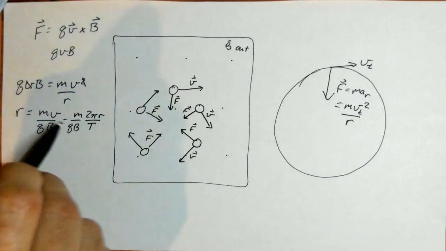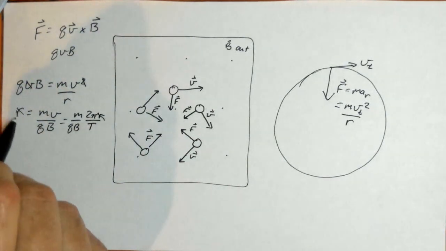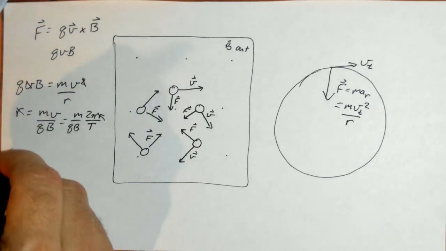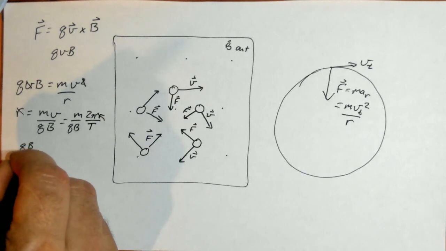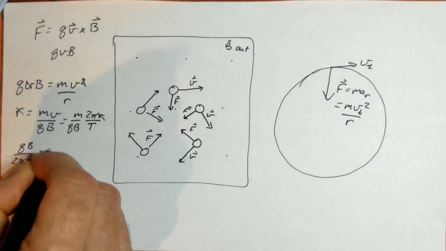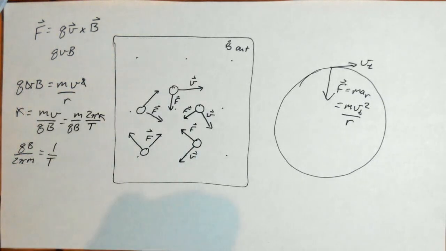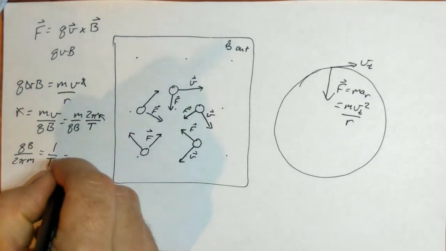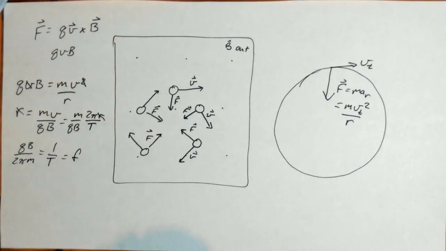So we have r equals this, which means the r's cancel. And multiply the qB up, I have qB divided by 2 pi m. I'm left with 1 over T, which is 1 over the period, or the same thing as frequency. And we call this the cyclotron frequency.